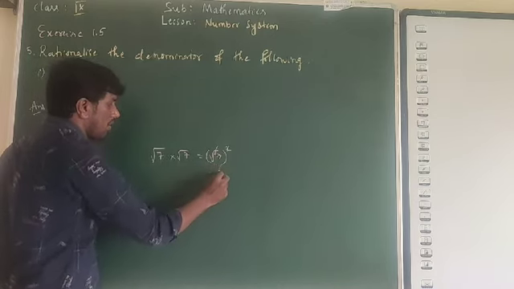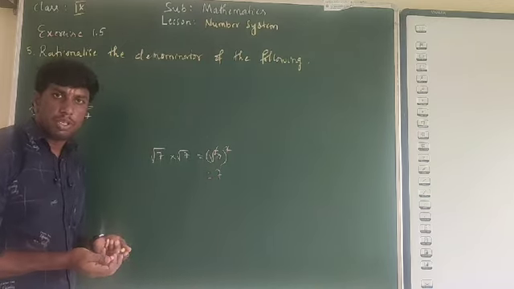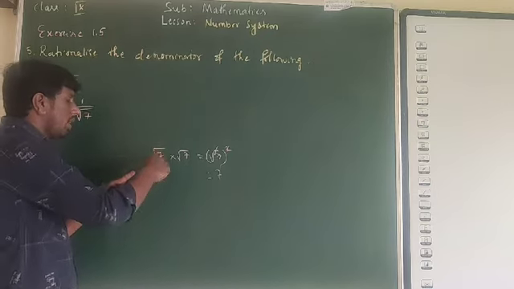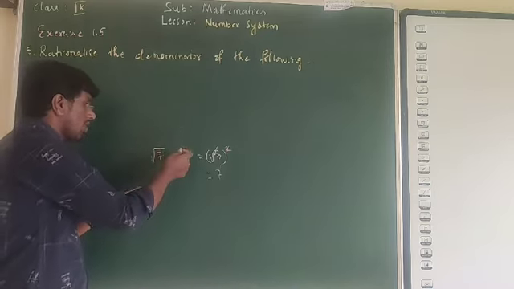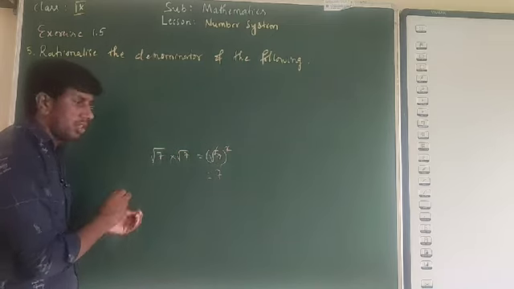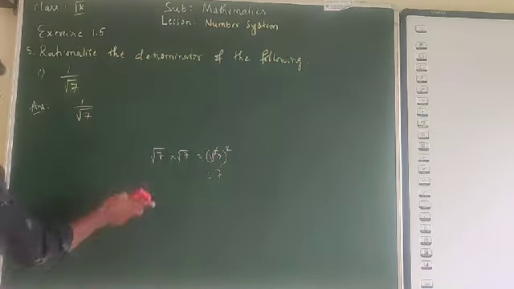The square will get cancelled. What is remaining? 7, which is a rational number. That's it. If I want to bring it to a rational number, multiply with the same number. This is applicable only for the denominator.